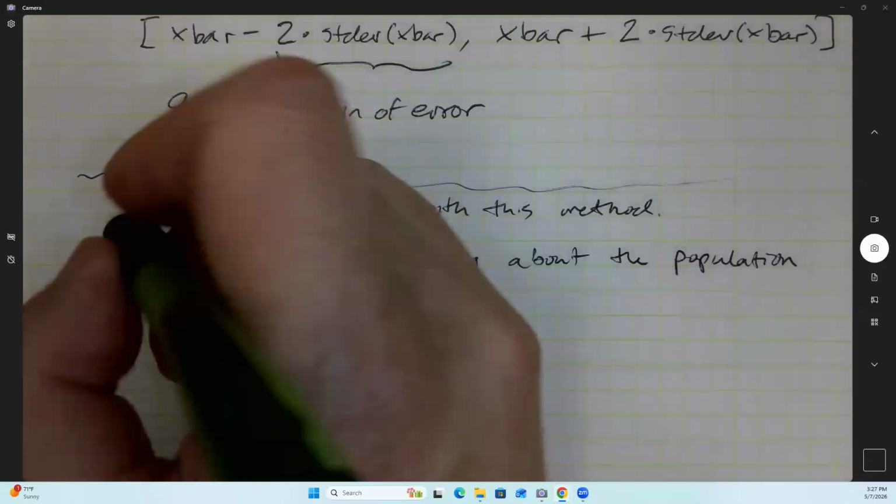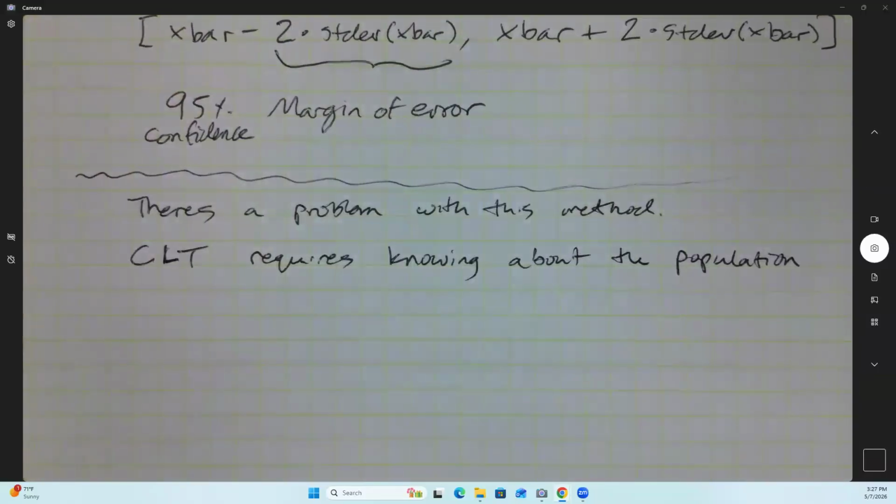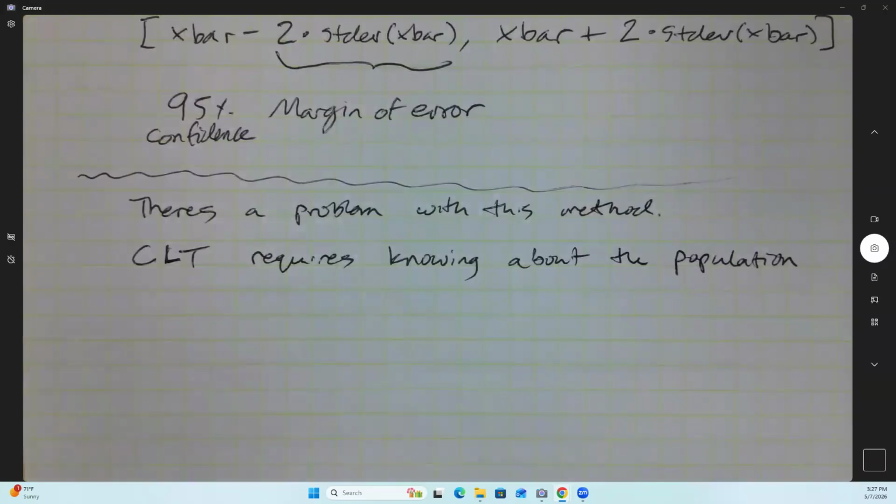The central limit theorem says if we know the population expected value and the population standard deviation, we can use that. But when you collect data on a sample, we don't know about the population. If we did, we wouldn't have to do this. Right? If we knew what the average weight of all cats was, we wouldn't have to estimate it.